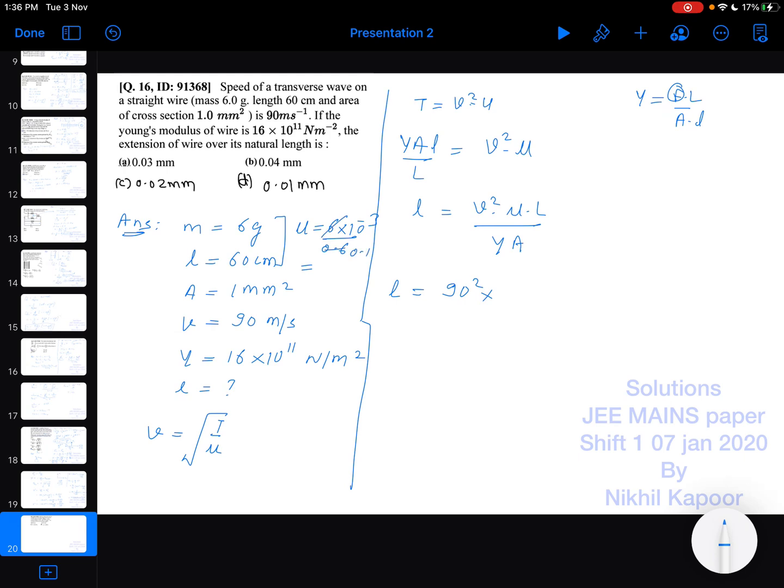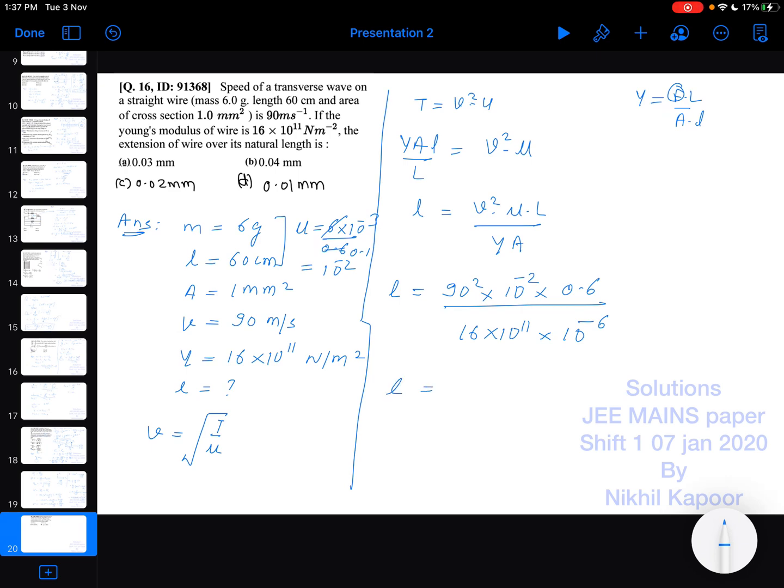So that would be 10 raised to minus 2 kg per meter into the original length of the wire, 60 centimeter, 0.6, upon Young's modulus, which is 16 into 10 to the power 11 into area of cross section of the wire, 1 mm square, that is 10 to the power minus 6 meter square.